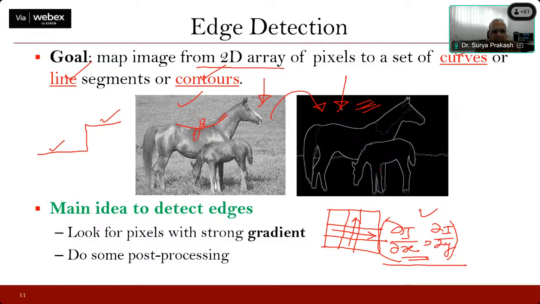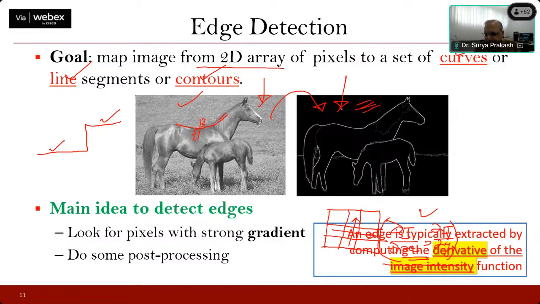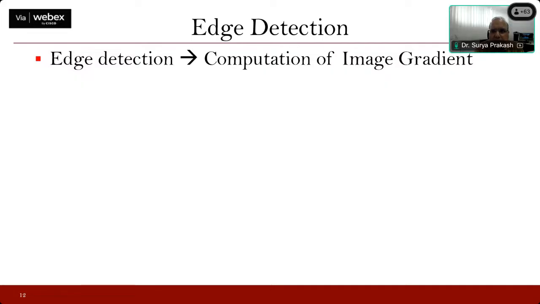So to compute the edges in any image, you simply compute the gradient at every pixel and find the places where the gradient has some value and the places where the gradient is low, or equal to 0, and that way you can compute the edges.